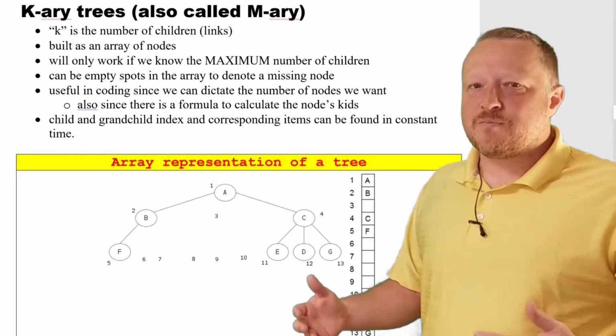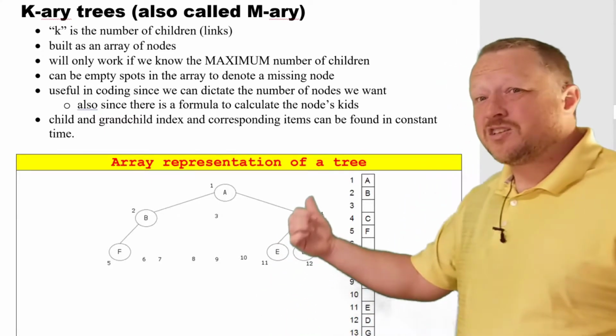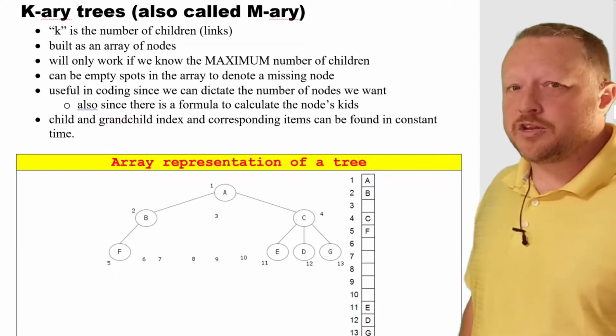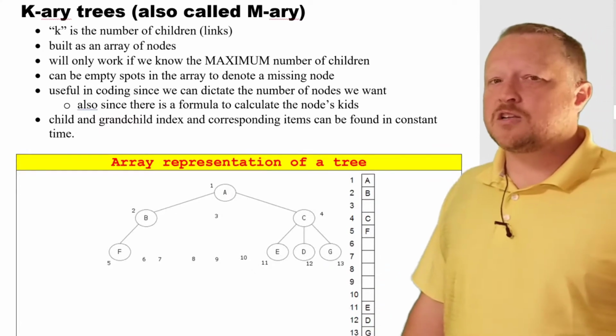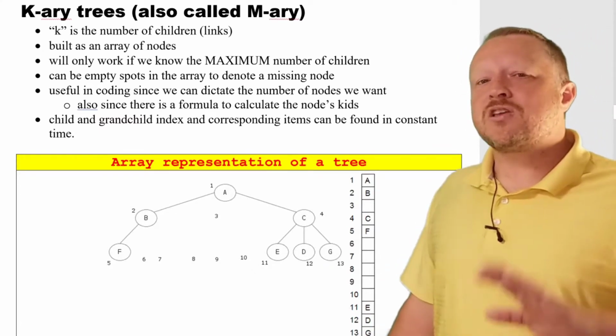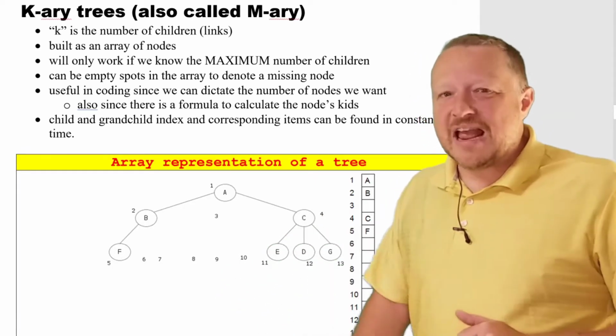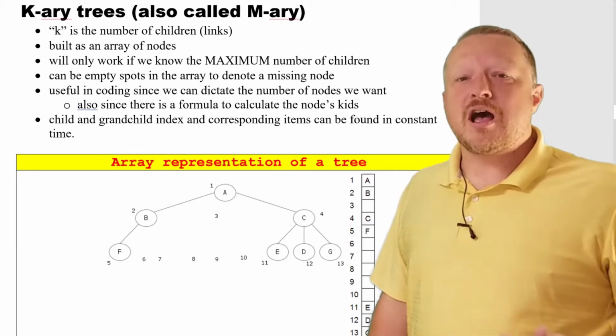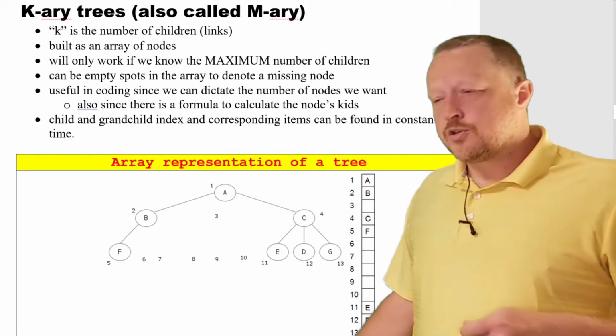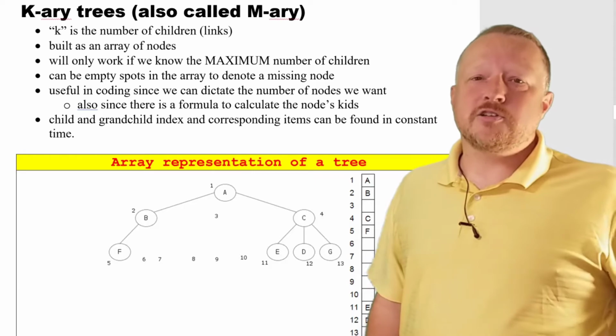That's a massive memory loss, and well, again, because it's an array, we have to build the array with the empty blocks in between. So there's a lot of wasted space if the application that you're building doesn't utilize every single option or child that it can use. So there is some goods and there is some bads to a K-array.